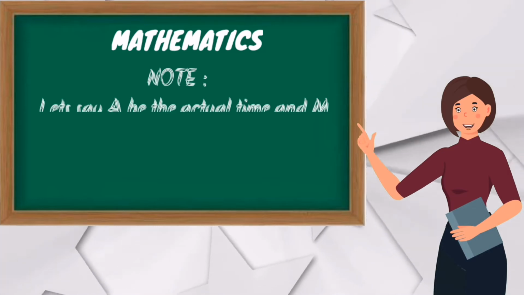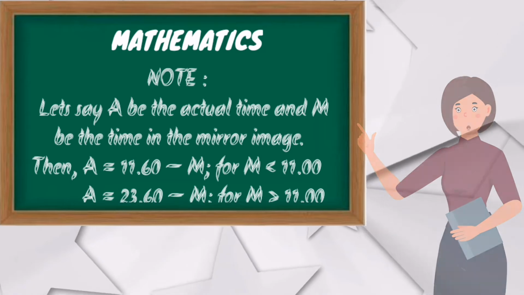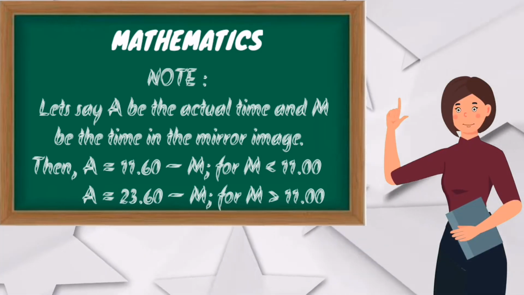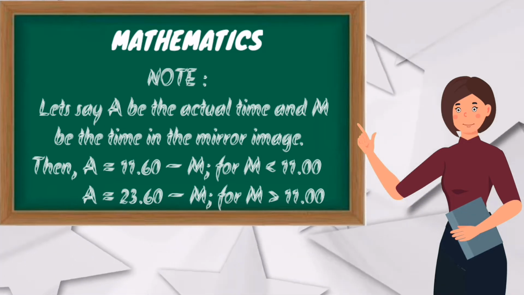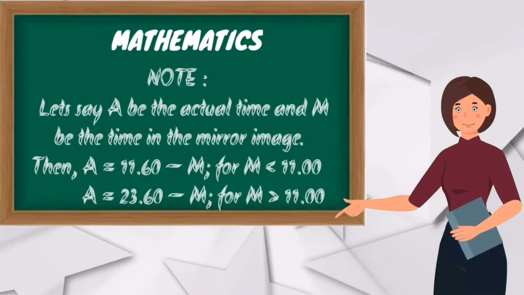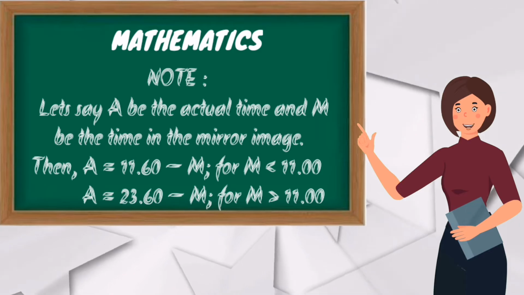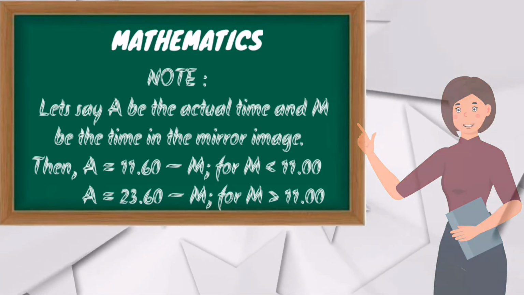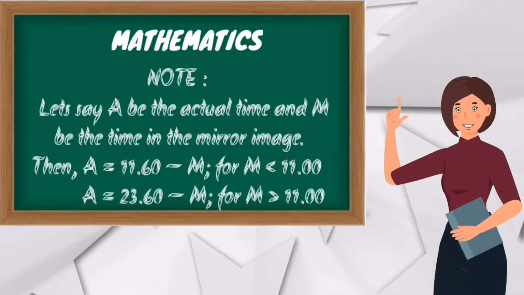Let's say A is the actual time and M is the time in the mirror image. If M comes before 11 o'clock, then A will be equal to 11:60 minus M. And if M comes after 11 o'clock, then A will be equal to 23:60 minus M. These two cases are to be noted and the problems of this type are to be solved accordingly.